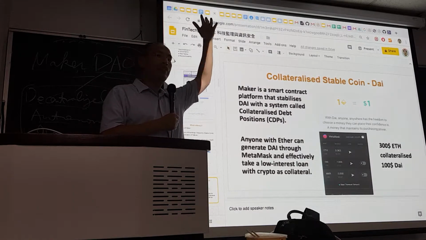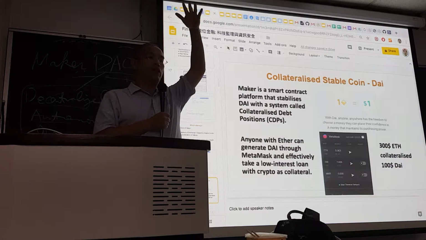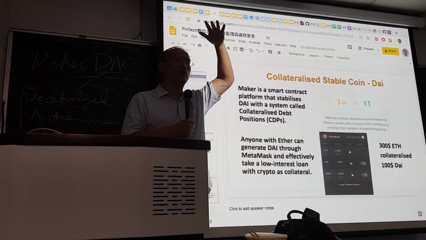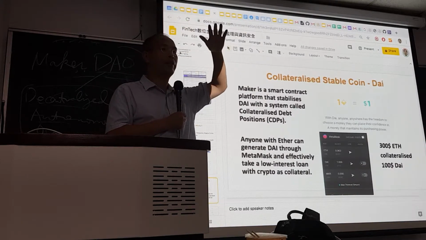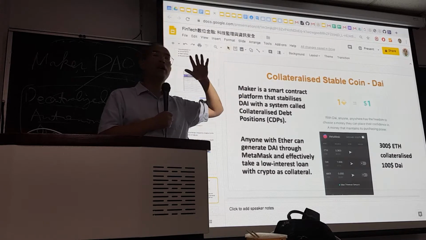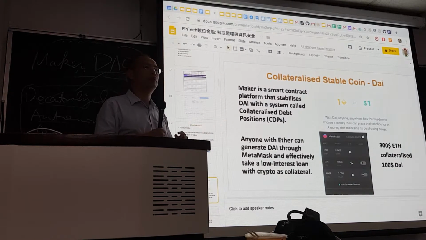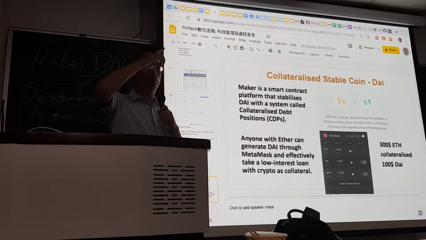If the original price of your collateral is 100,000, and then it drops to 80,000, then the smart contract will execute for you and sell it for you. So you see what I mean, right?